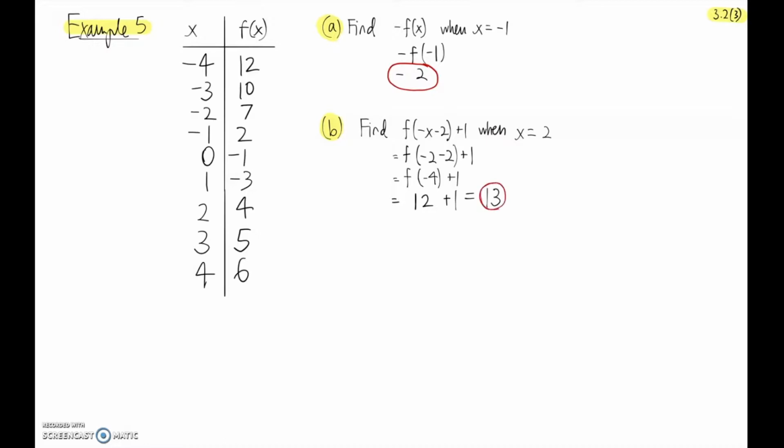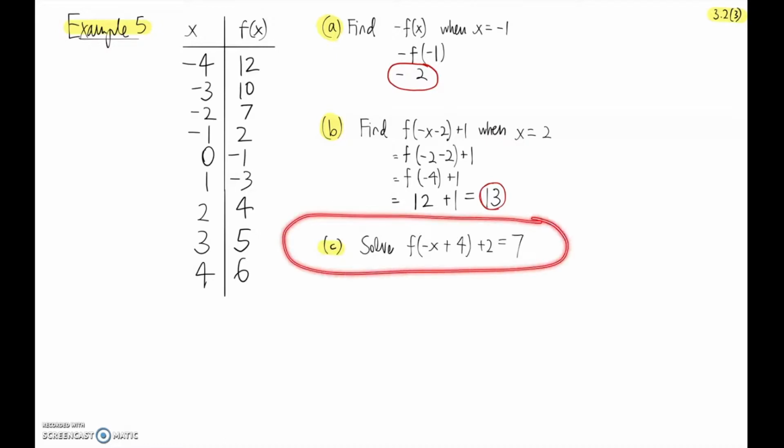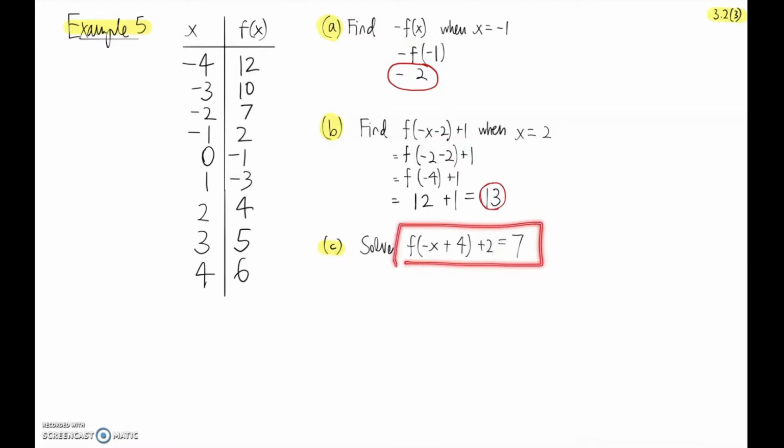In section 3.2, these types of problems seem to be what trip students up the most. Let's look at one more example to get some more practice with this. This is a slightly different type of problem. Instead of just finding some expression, we now have an equal sign here, and we're asked to solve this equation. We're just going to take things a piece at a time. f of negative x plus 4, plus 2 equals 7.